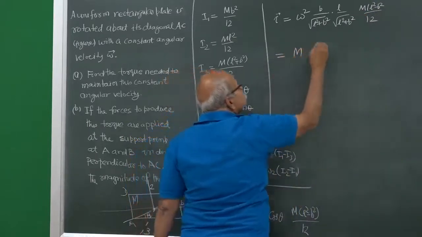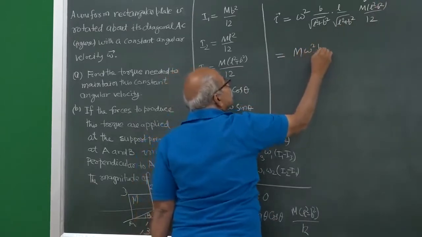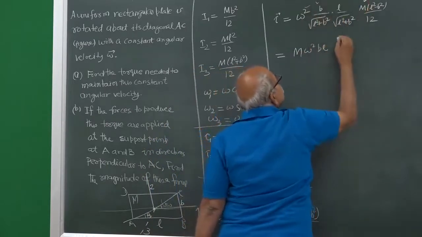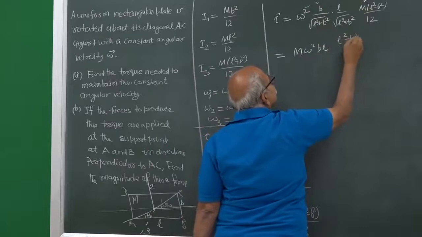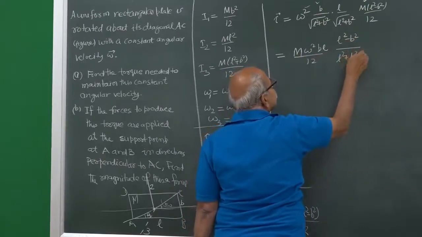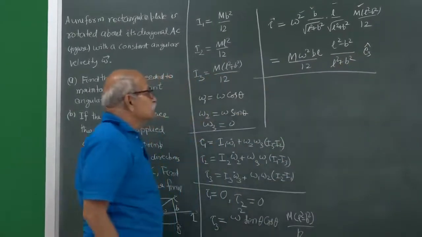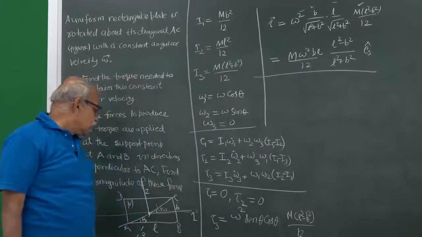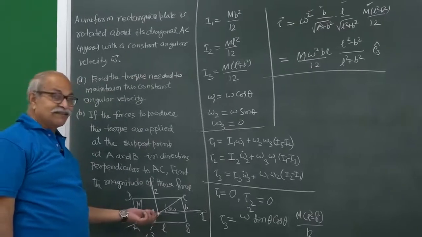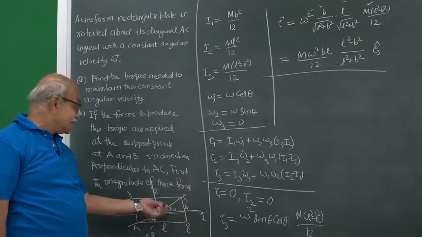You have m, then omega square, B, L, and then this quantity (L square minus B square) by 12, divided by (L square plus B square), times E3 cap. So, this is the torque which is needed, and the torque is in the direction of E3, and that direction is changing as it is rotating.